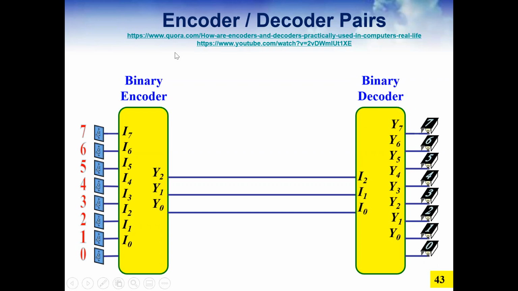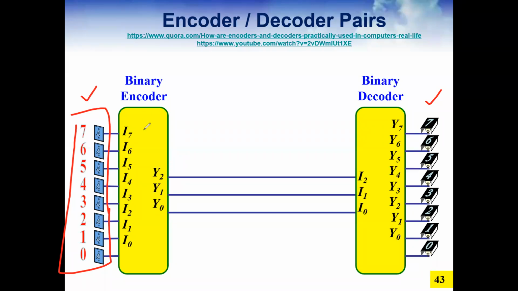Like here, we are transferring some information. We want to control the bulbs here by using these switches. So girls, if we want to connect one bulb to one switch, how many wires do we need?